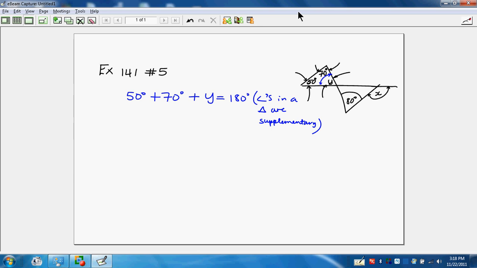Alright, so therefore, angle y will be equal to 180 minus 70 degrees minus 50 degrees. So this will work out to be 60 degrees. So angle y is equal to 60 degrees. So that's one answer because they wanted us to solve for angle y.